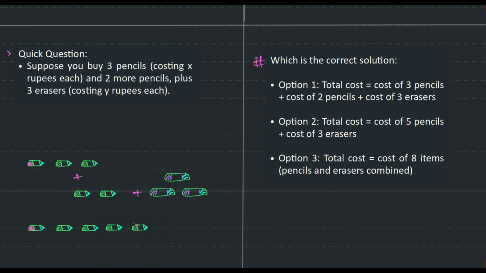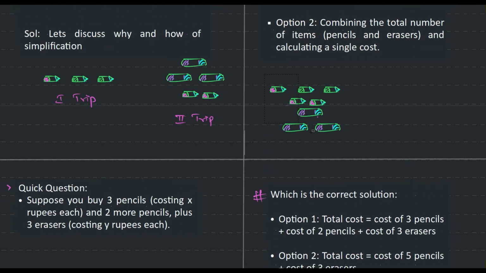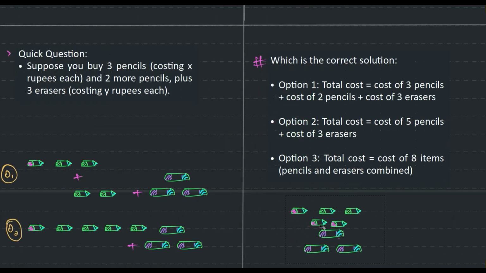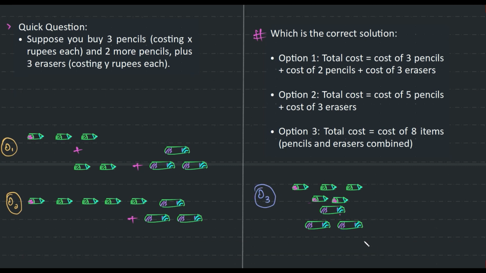This is option 2, this is option 1, or just combine all of this, as simple as this. This is option 3. Which makes more sense?